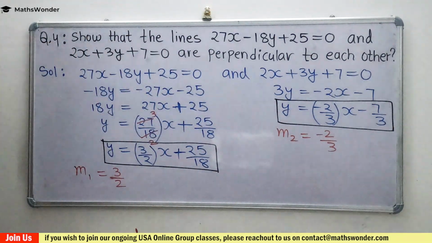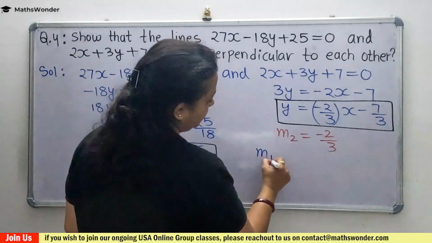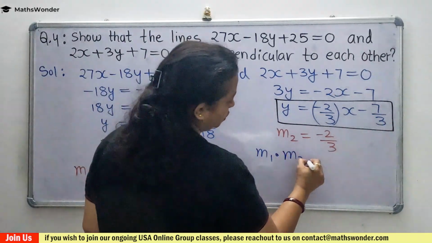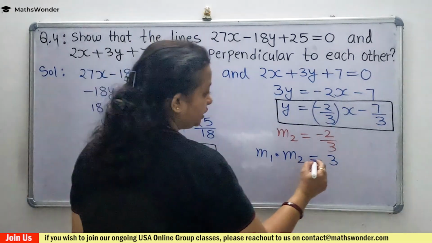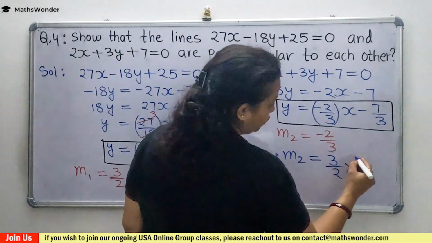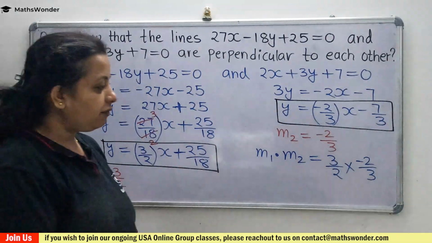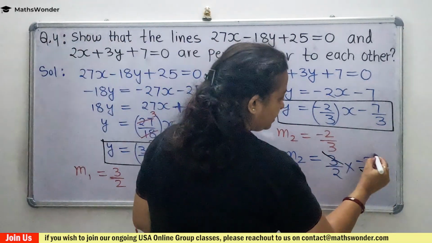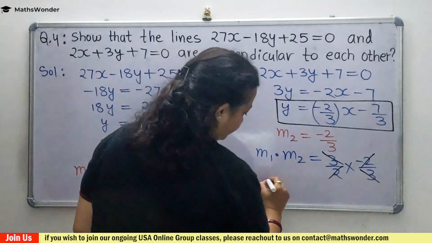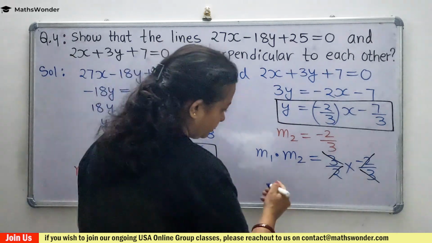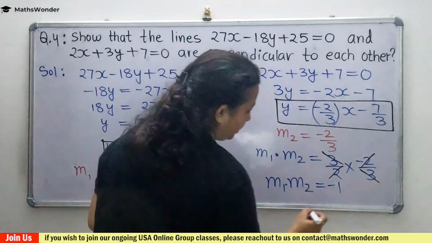And what is the perpendicular condition? We need to multiply them. So m1 times m2. m1 is 3 over 2 and m2 is negative 2 over 3, right? Now we will simplify it. So what do you get? m1 m2 is negative 1.